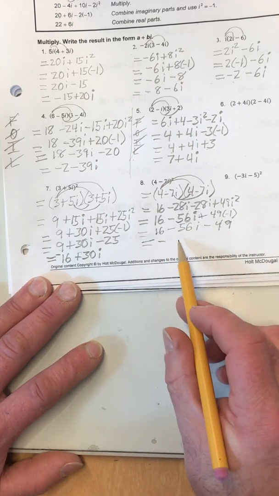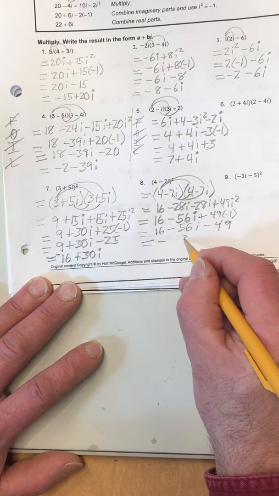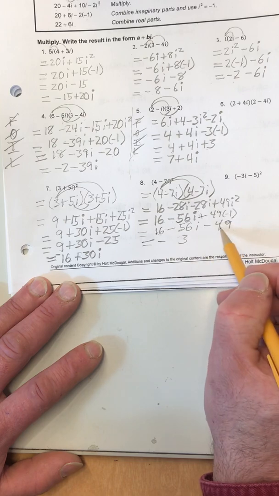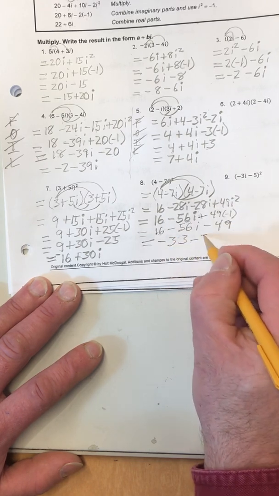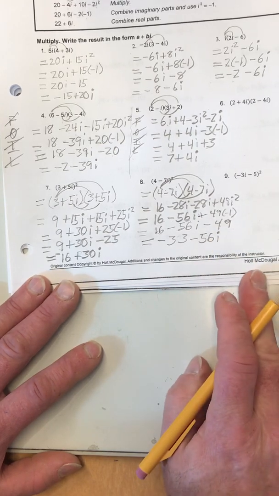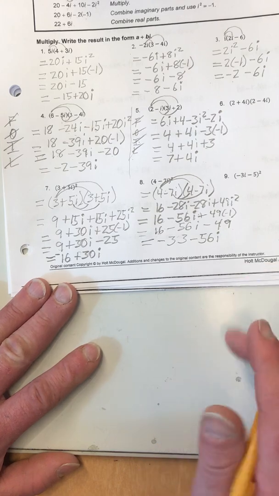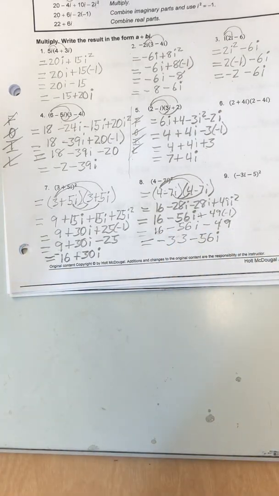Negative, okay, 6 from 9 is 3, and 1 from 4 is 3, so -33 minus 56i. Okay, so again, just combining my like terms. Okay, so that's how you multiply complex numbers.